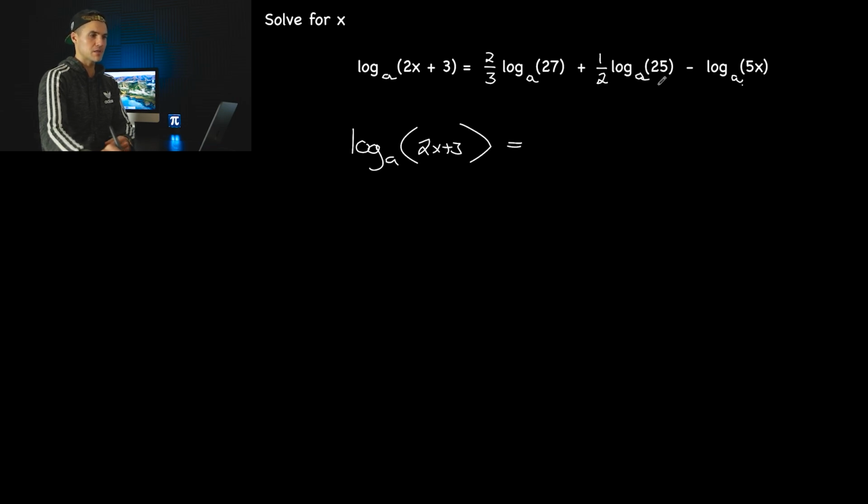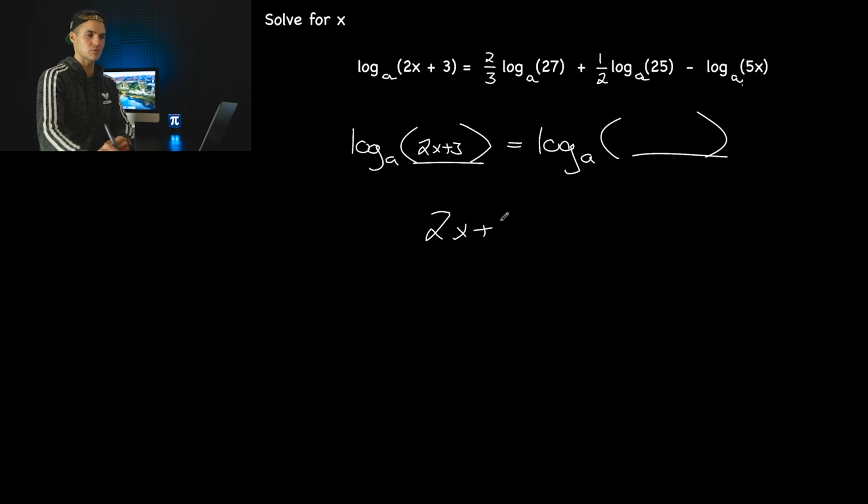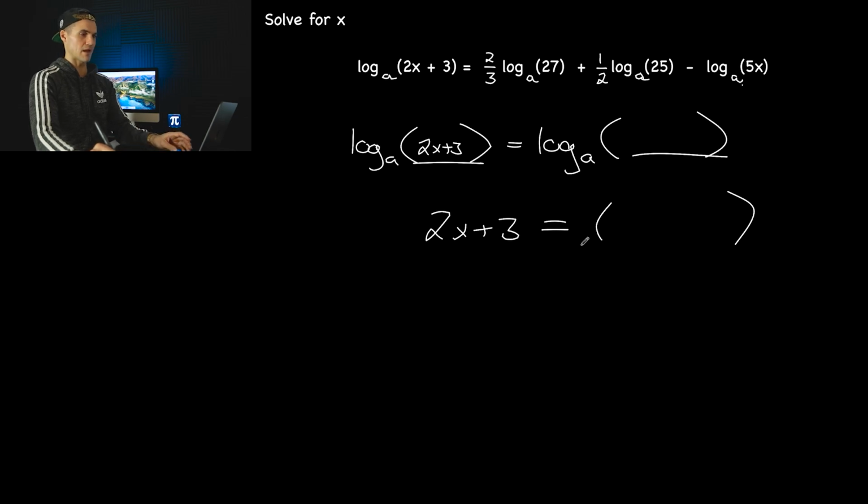And then if we can maybe combine everything on the right side to be one logarithm, like log base a, and then it's going to be some kind of expression in this bracket, well then we could just drop the log base a's, right? Because we'll know that this bracket and this bracket have to be equal. So then we'll have 2x plus 3 is equal to whatever that expression is left over in that bracket, right?